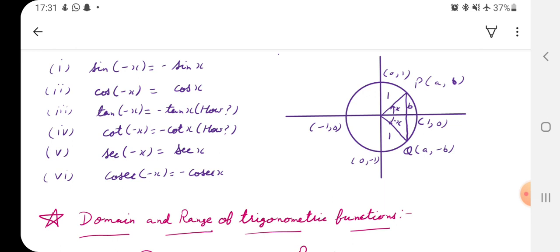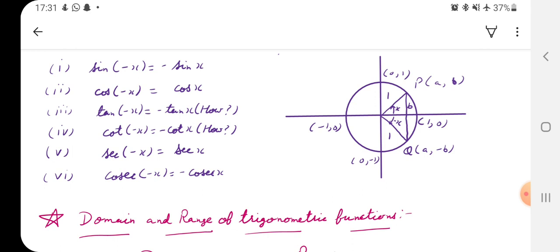So the point is (a, b). Similarly, going downwards, I will take sine of minus x. It will be minus sine of x, because here the perpendicular will become minus b. P by h, h is 1. So sine of x will be b by 1. And in the lower triangle, your b will become negative of b. Now P and Q, what are P and Q?